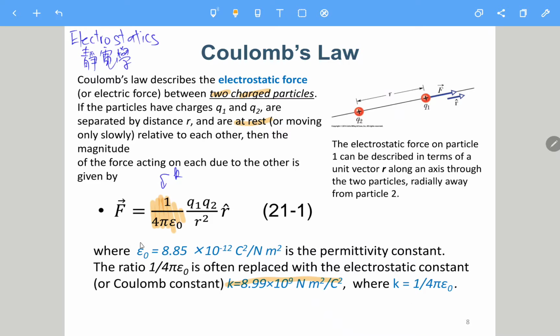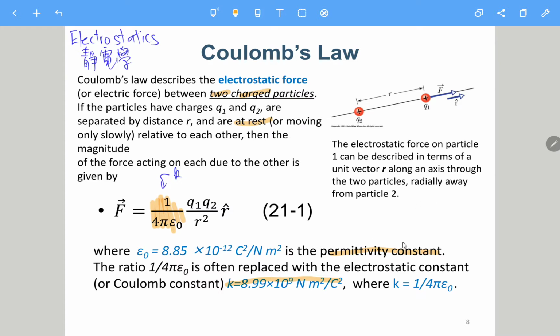Sometimes it will appear independently. This is called epsilon naught, which is 8.85 times 10 to the minus 12 power, with this SI unit. And epsilon naught is called the permittivity constant. I forgot the Chinese.